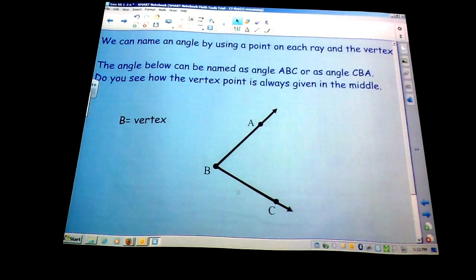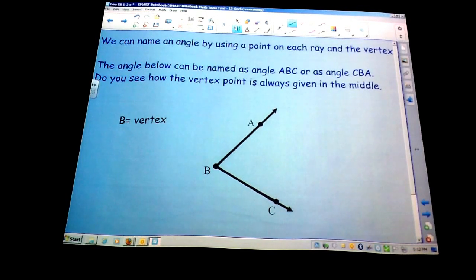Alright, now we're going to talk about how we name an angle. So we can name an angle several different ways. But one way, or all the ways, are the same in that we're going to use the vertex in the middle of our statement.